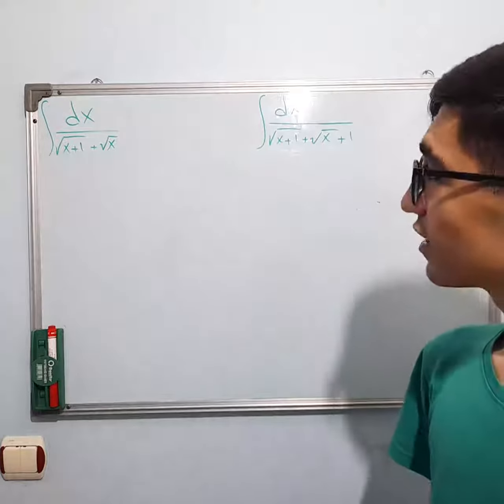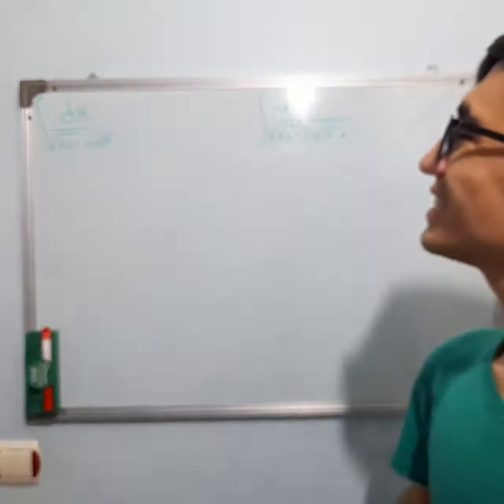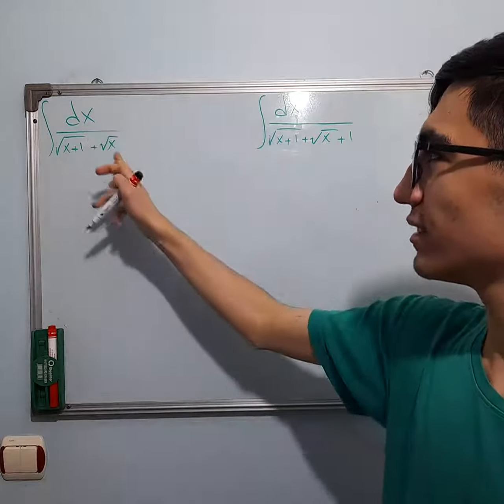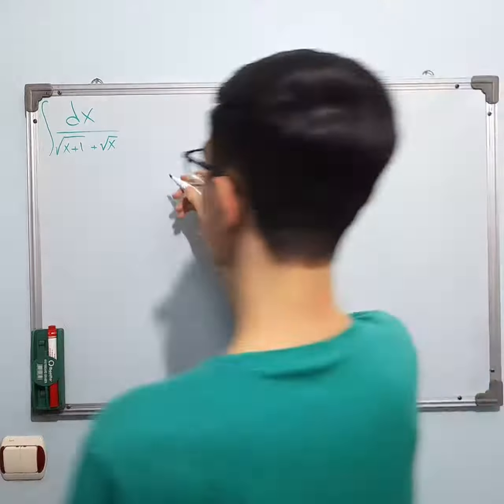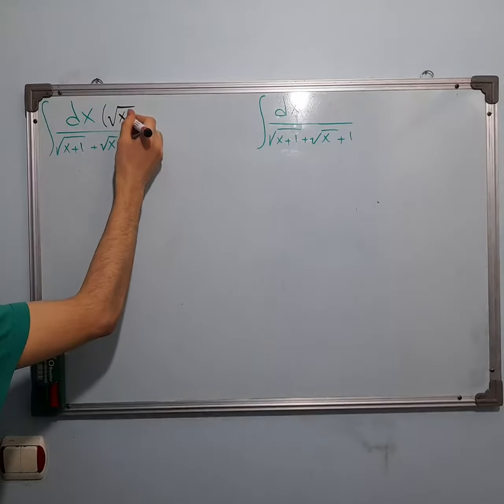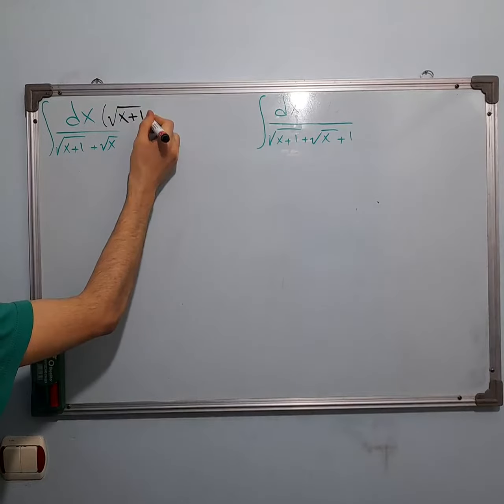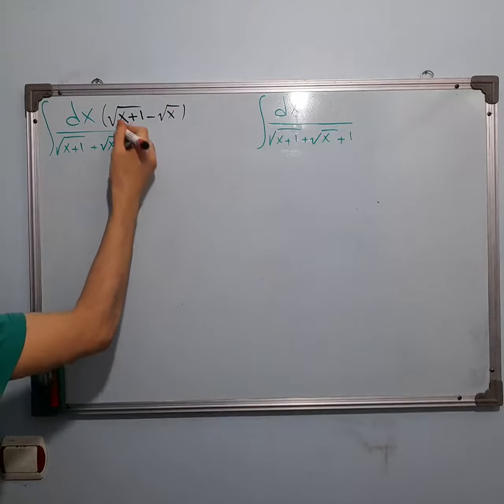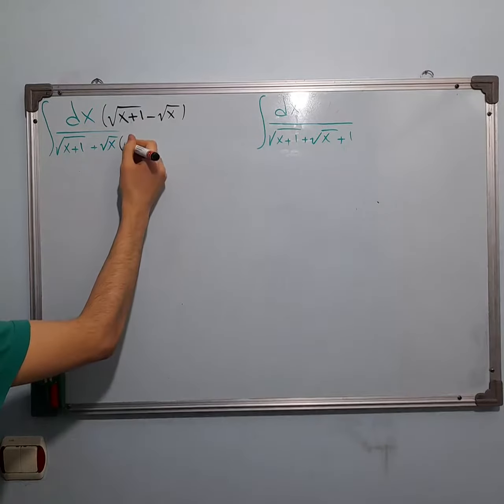So what I'm going to do is multiply the top and the denominator by this guy, square root of x plus 1 minus square root of x, and the same here.